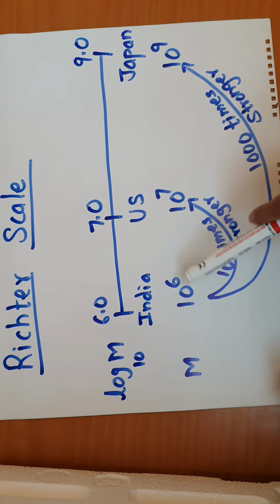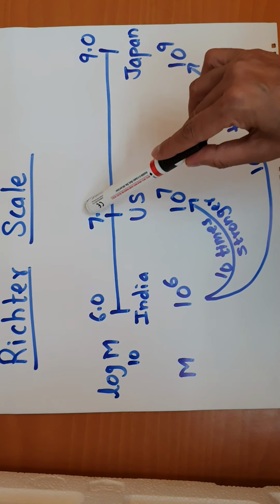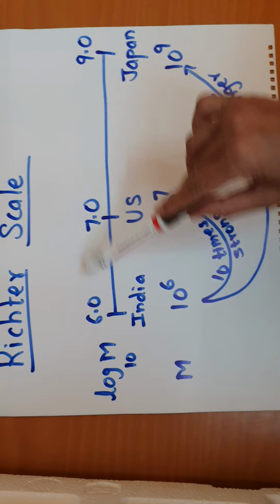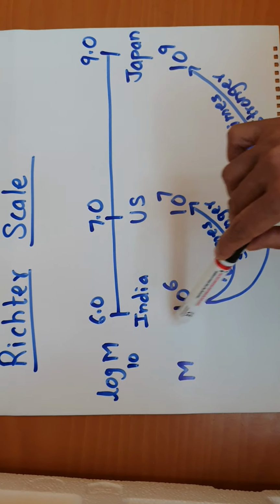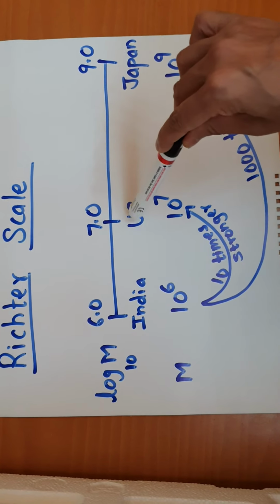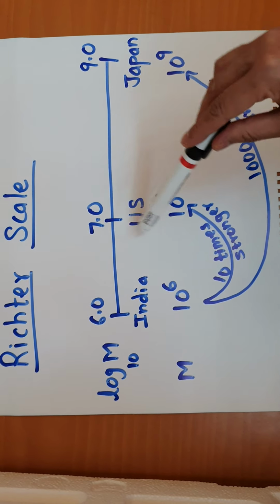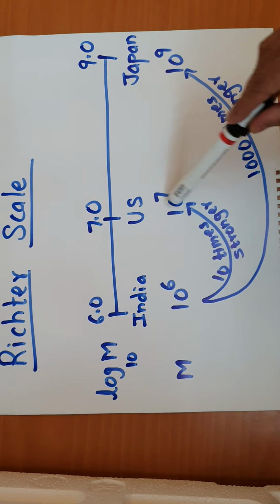If you compare the numbers on the Richter scale, India and US show 6 and 7. The difference is very small, but that is not the case. Actually, the earthquake in India is 10 raised to 6 and the earthquake in US is 10 raised to 7. So the earthquake in US is 10 times stronger than India.